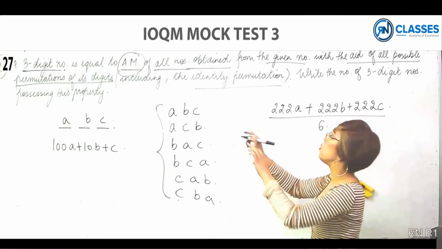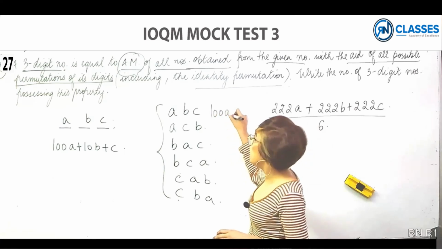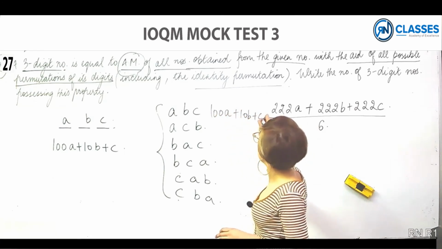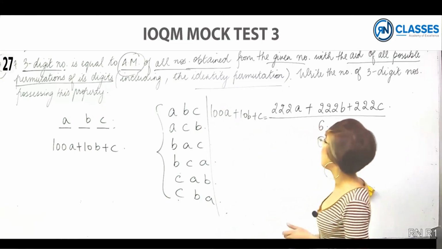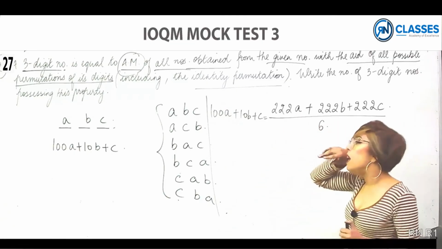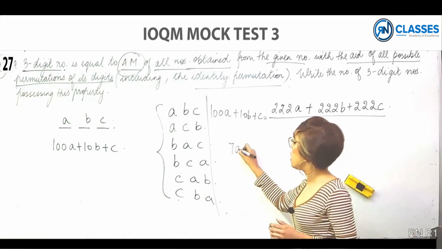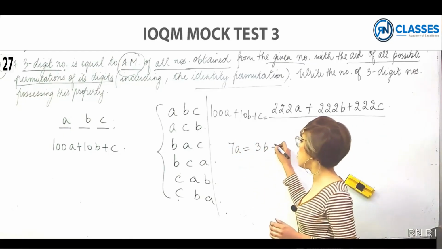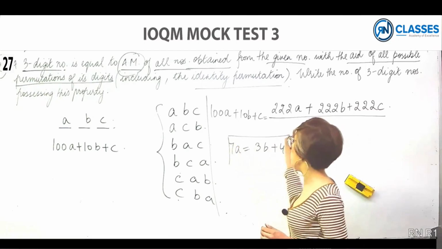This should be equal to the number itself, so 100A plus 10B plus C. Obviously, I'll cancel out the factor and cross multiply. Ultimately, I'll get 7A is equal to 3B plus 4C. This is the equation that I get.